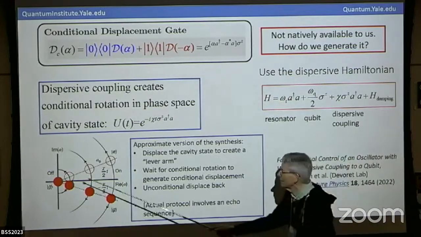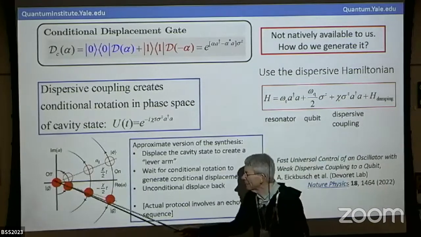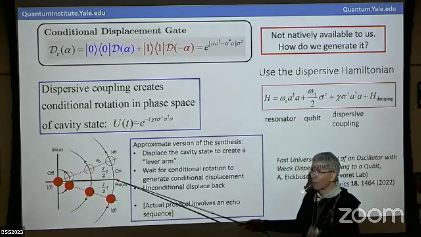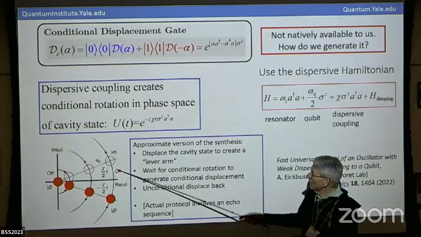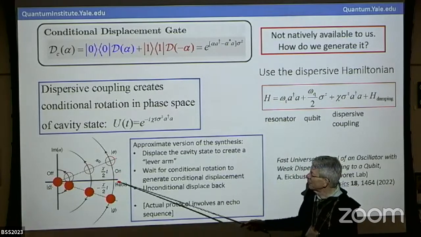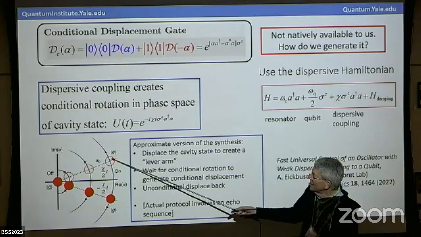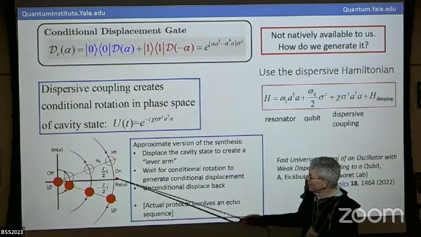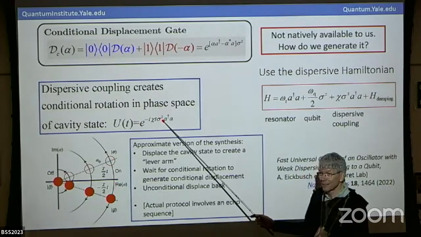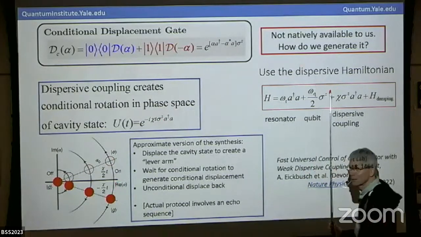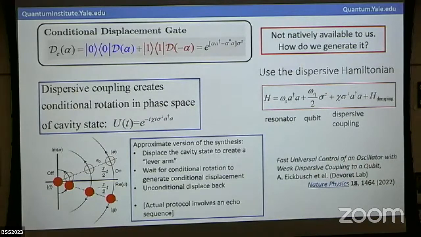So imagine I'm in the vacuum state and I make a big displacement over to here, and then this rotation turns on. If the qubit is in the excited state, maybe it rotates over here. If it's in the ground state, it rotates over there under the dispersive interaction. Is that clear?